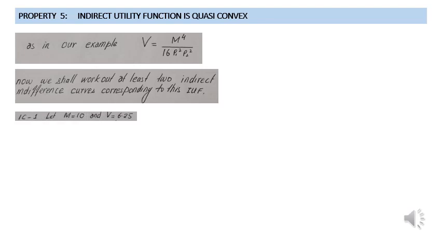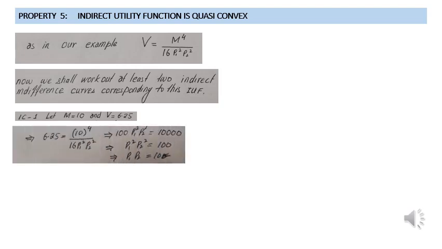So to derive the first indifference curve, we assume that m is 10 and the level of indirect utility is 6.25. So in the equation of indirect utility function, in place of v, we substituted 6.25, and in place of m, we substituted 10. And then after some simplifications, we got an equation explaining the relationship between P1 and P2. The equation is P1 into P2 is equal to 10.